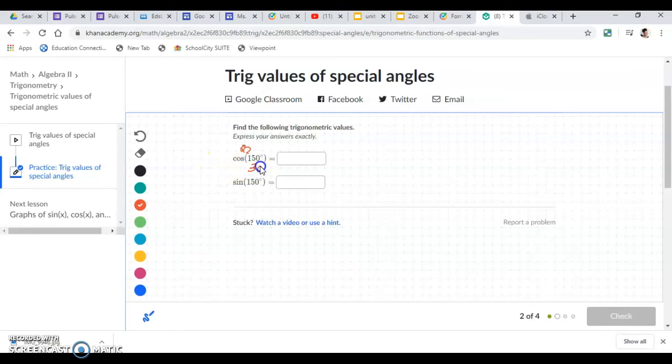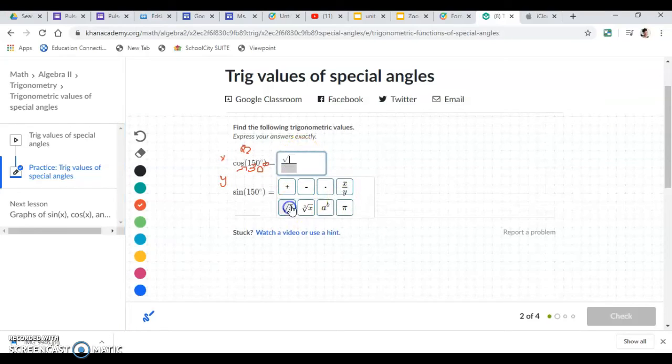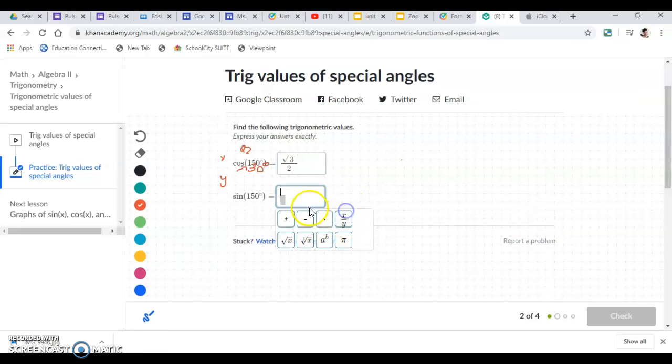So all I need to think about is the cosine and sine of 30 degrees, and that's going to be the same as 150. Well, 30 degrees is just pi over 6. So I need to think about what the x and y terminal point is for pi over 6. And we know that the cosine for pi over 6 is radical 3 over 2, and the sine for pi over 6 is 1/2.